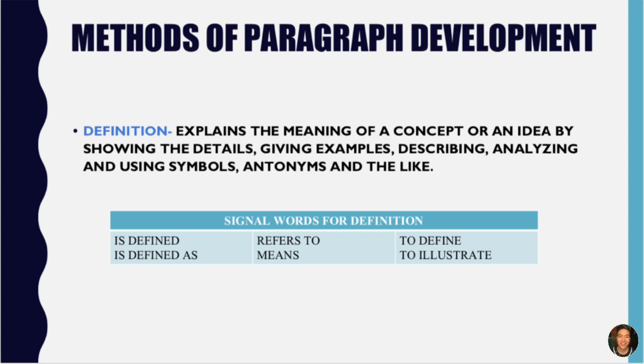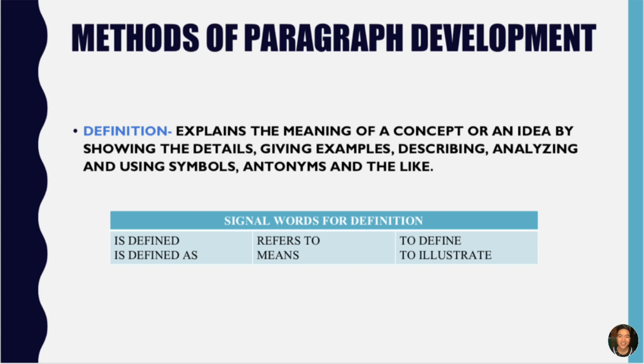So take note of the signal words that are being used in definition. We have is defined as, refers to, means, to define, and to illustrate. So these are the signal words that you need to see in a paragraph in order for you to know that that specific paragraph used a definition pattern.